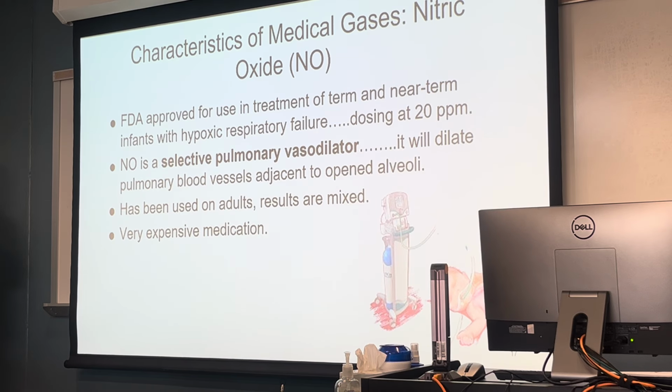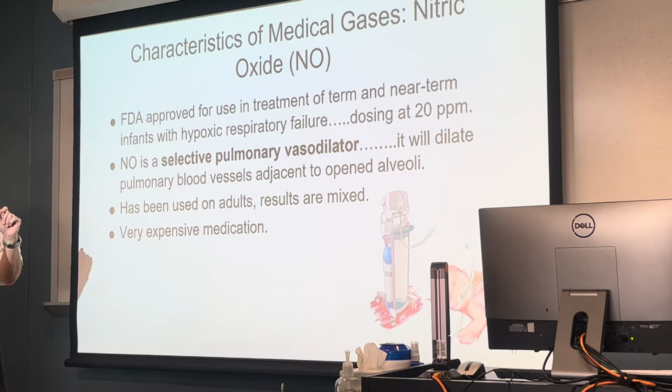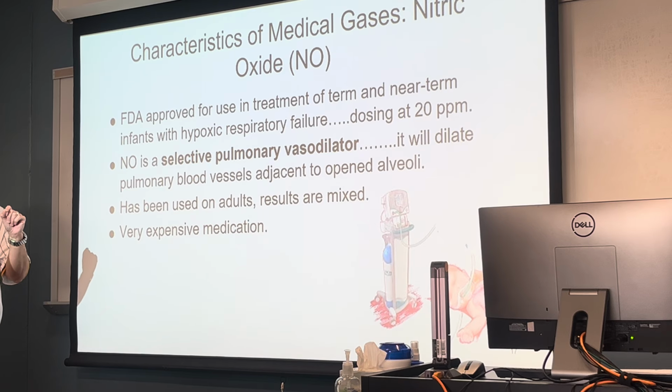And it's a very unique medication because it only will allow the pulmonary vasculature to dilate. It won't cause our systemic circulation, the rest of the body, to vasodilate, which is a good thing. We just want to focus on the pulmonary circulation with this. You may hear it referred to as inhaled nitric oxide, INO for short.